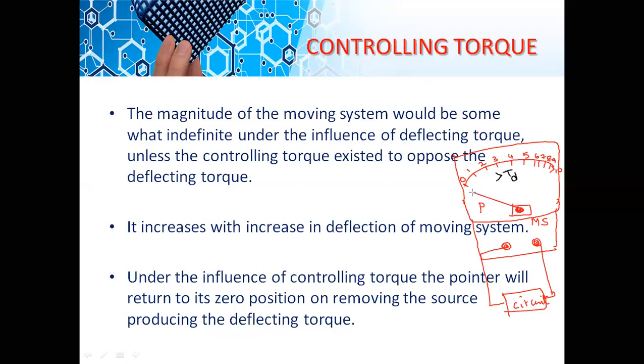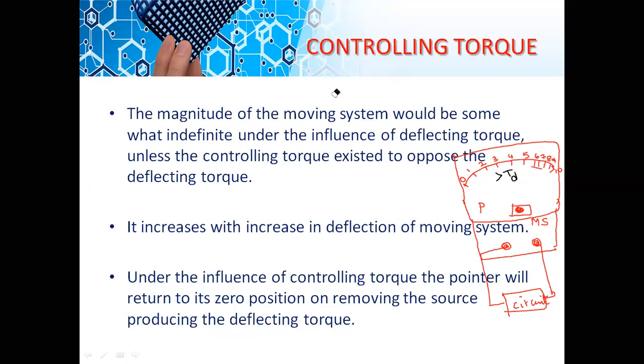So it will start from 0, 1, 2, 3, 4. Because deflecting torque is acting on it, it will just start moving. Okay. If there is no controlling torque, the pointer will go on moving.